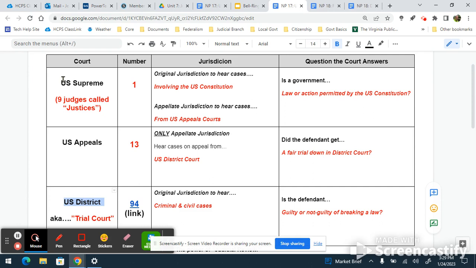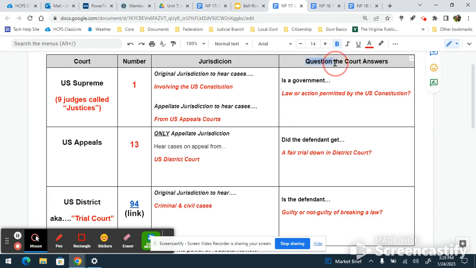And then we get to the very top of the federal judicial branch, and that is the United States Supreme Court, or SCOTUS. There are only 9 judges who serve on the U.S. Supreme Court, and they're known as justices.